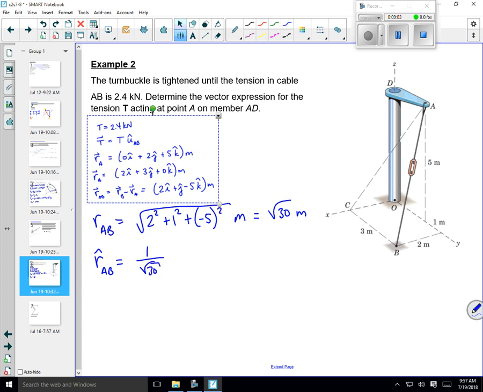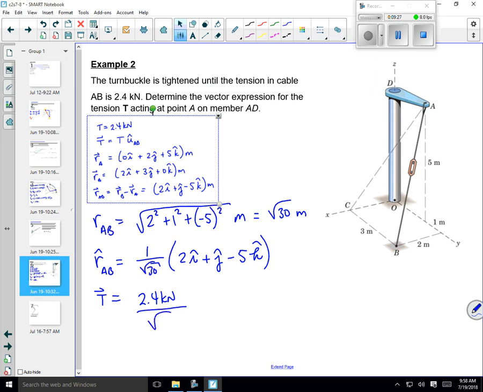So a unit vector that points from A to B would be 1 over the square root of 30 times 2i hat plus j hat minus 5k hat. That's the unit vector. So then this vector T is its magnitude, 2.4 kilonewtons, times that unit vector.